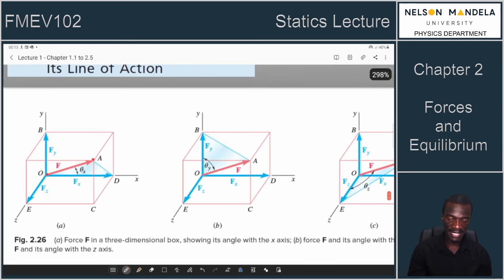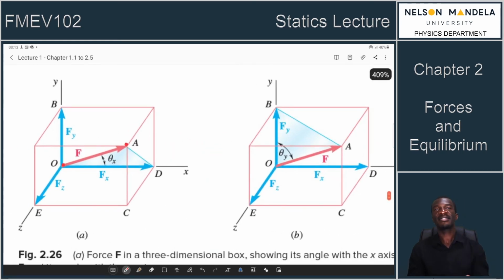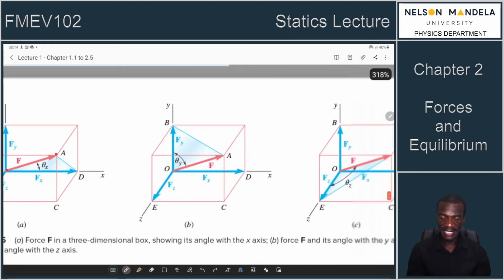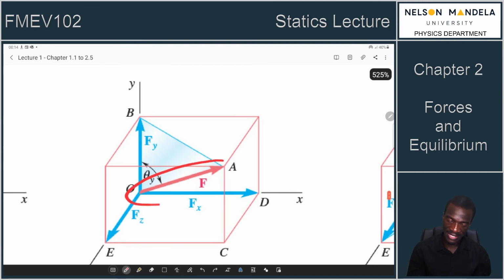So this is an example of the X component of that force. In other words, it's lying in a plane created by the force and the x-axis, and the angle between the two gives the F in the X. The second part is F in the Y. This is still the same force, but we are now plotting the force in the plane with the y-axis.